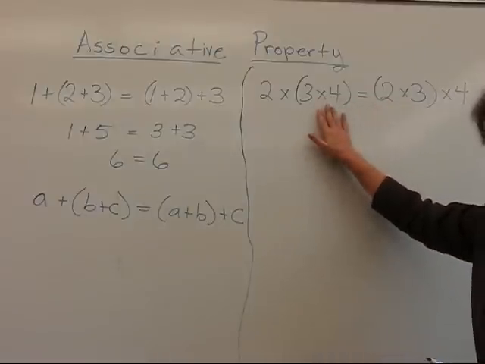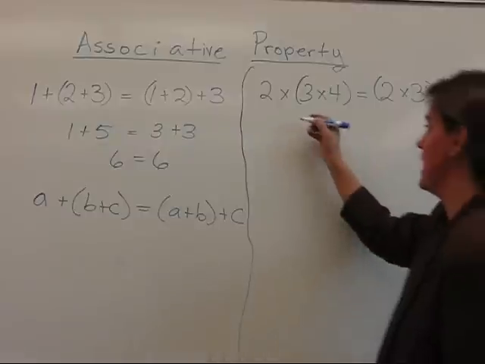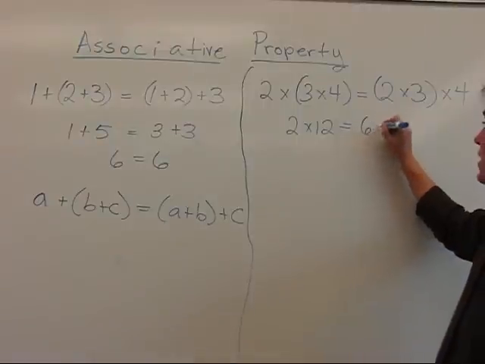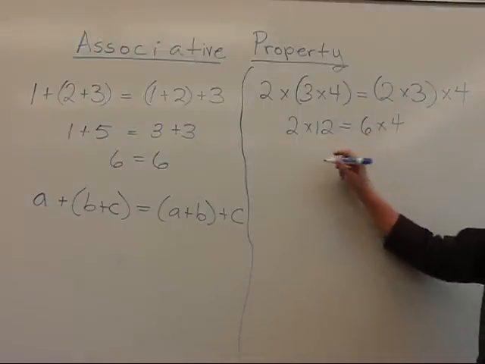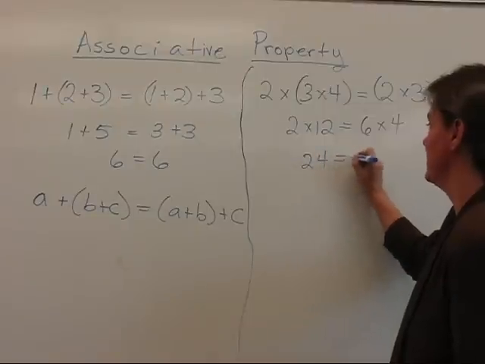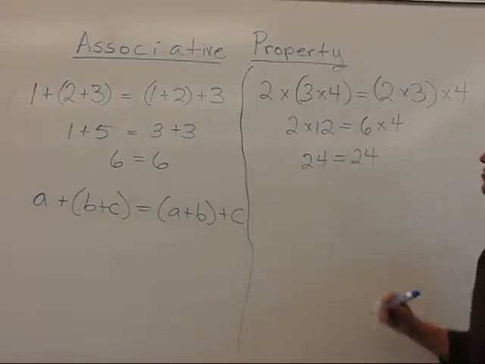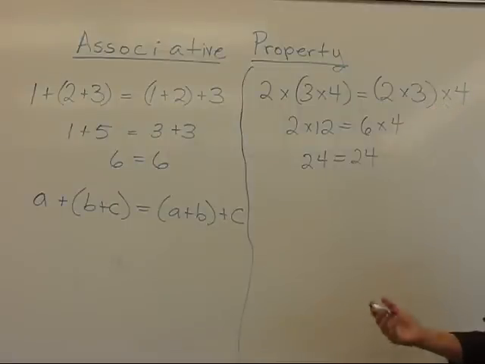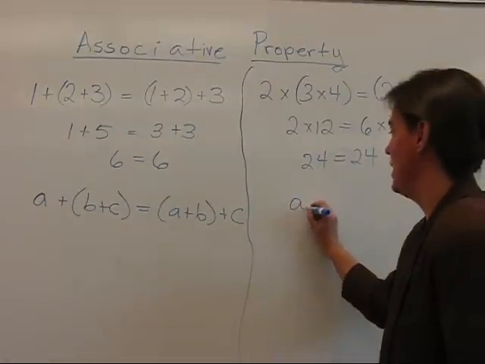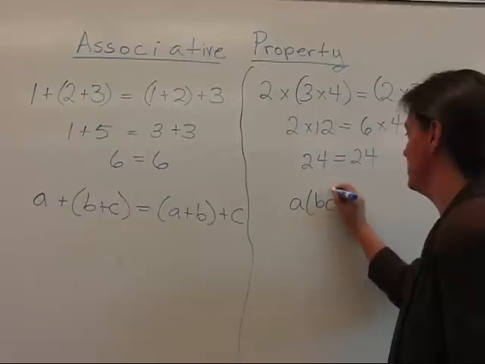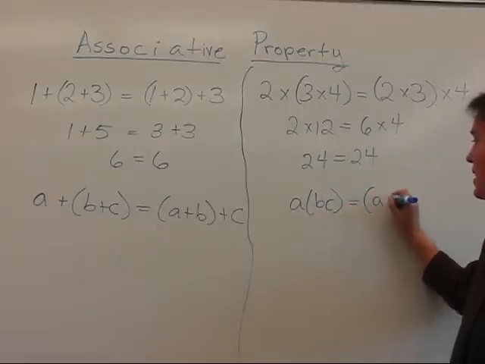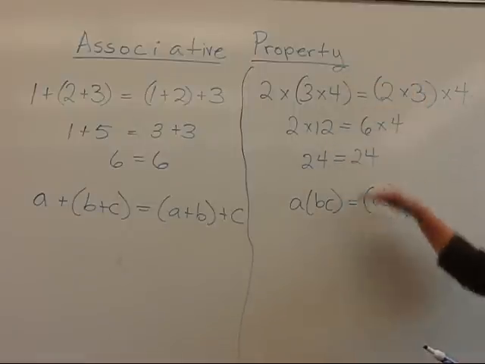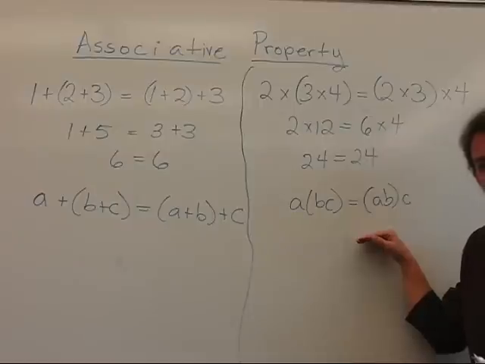Remembering that we need to do what's in parentheses first, on the left-hand side we have 2 times 12. On the right-hand side, we have 6 times 4, and when I simplify further, we see that we have 24 is equal to 24. So yes, in fact, these things are the same. More generally, we can say that A times (B times C) is equal to (A times B) times C, and this is known as the associative property of multiplication.